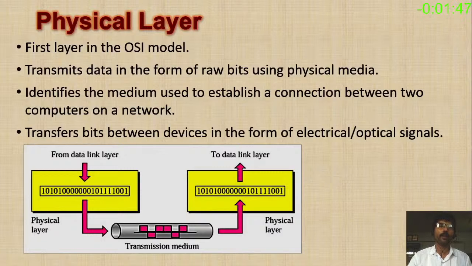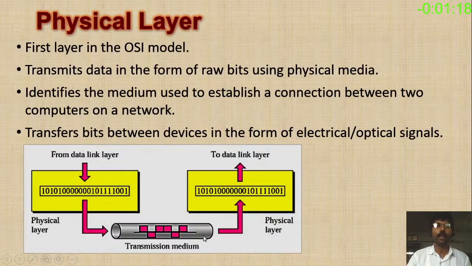Physical layer. This is the first layer in the OSI model. The use of this physical layer is to transmit data in the form of bits by using some physical media. This physical layer converts the bits into either electrical or optical signals and transfers them over a transmission medium.